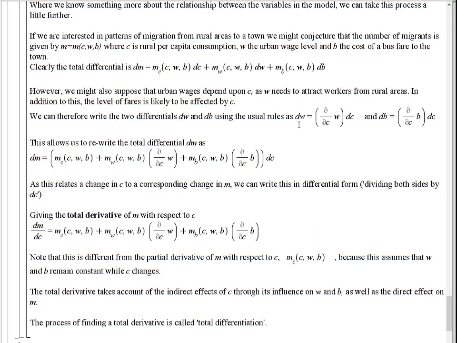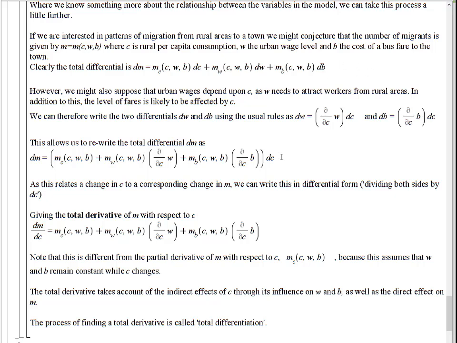Now, in this original total derivative, because we also know a connection between C and W, we can replace this dW by this times dC. So substitute that in. So it's this partial derivative times this partial derivative times dC. And you can replace this dB by this.